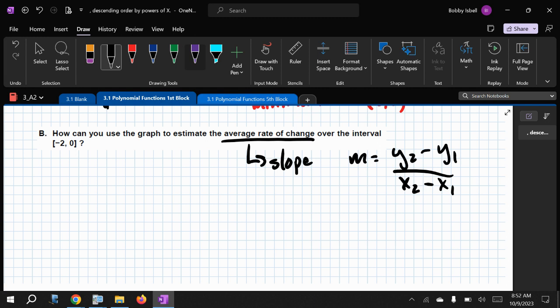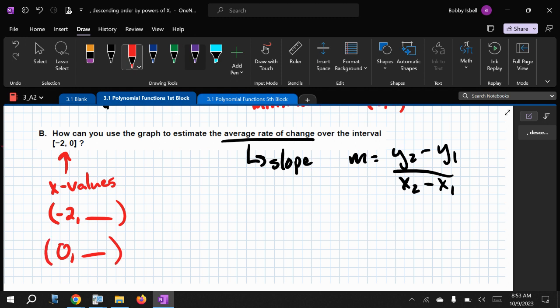So the interval, these are x values. If we're going to find the slope, we need y values that go with them, right? So we need the ordered pairs for -2 and for 0. For this graph, f of -2 and f of 0, that's what we're looking for.